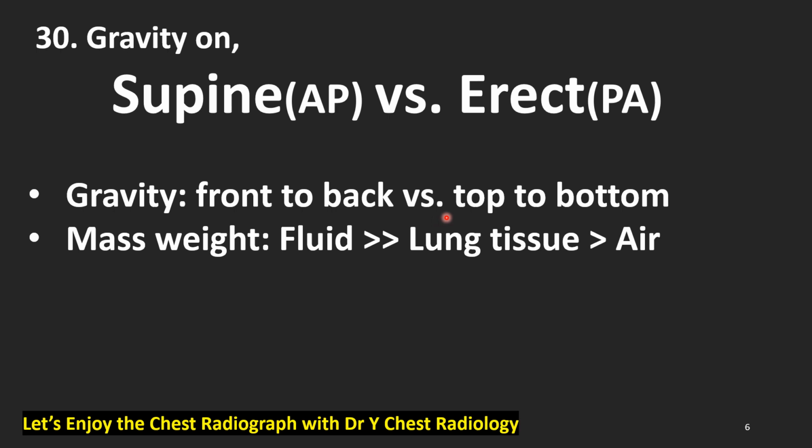But in erect view, gravity works from top to bottom, upper to lower. That is the big difference. Let's think about the mass weight. Fluid is much heavier than lung tissue, and lung tissue is also heavier than air.